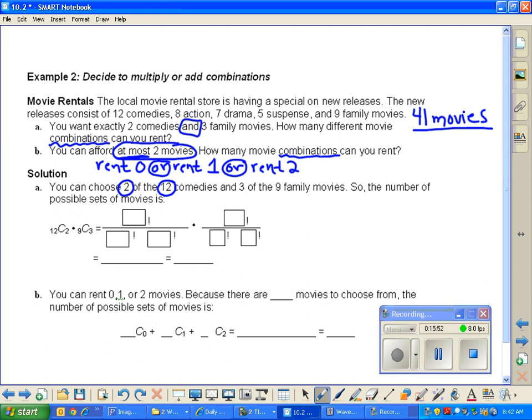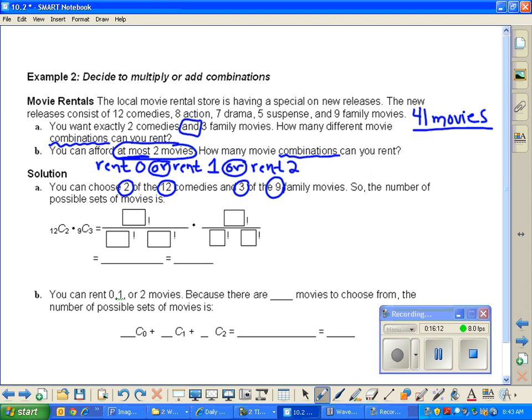And then they wanted, in part A, also 3 of the 9 family movies. So you can rent 3, so your R value is going to be 3, and your 9 family movies is how many total movies there are. That's our N, our number of items.